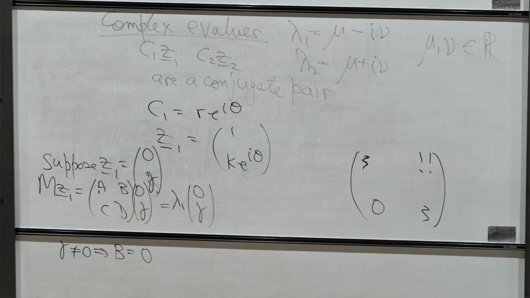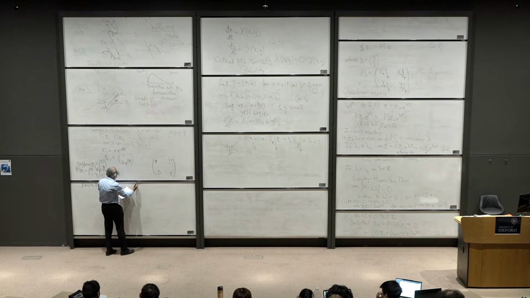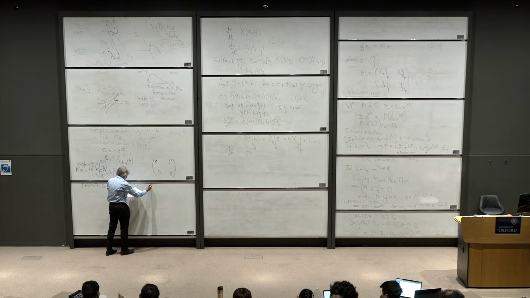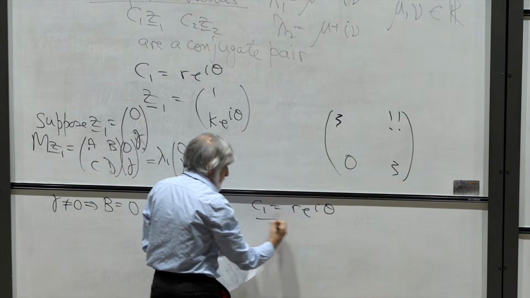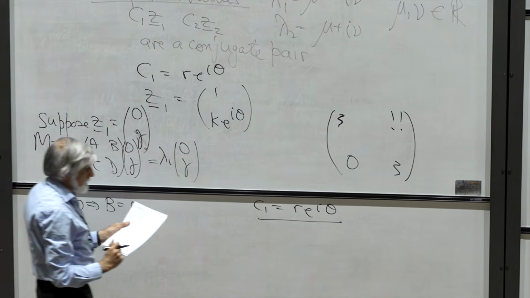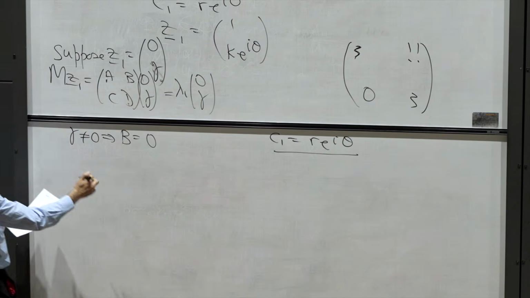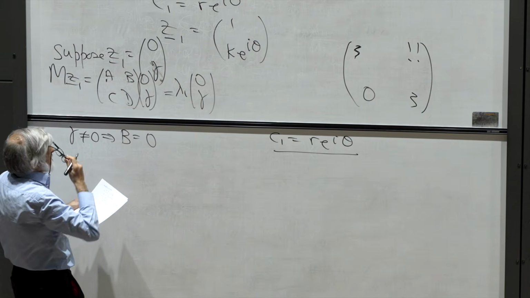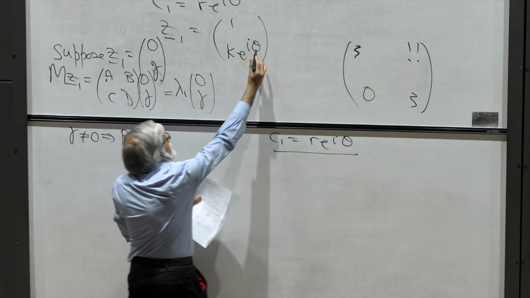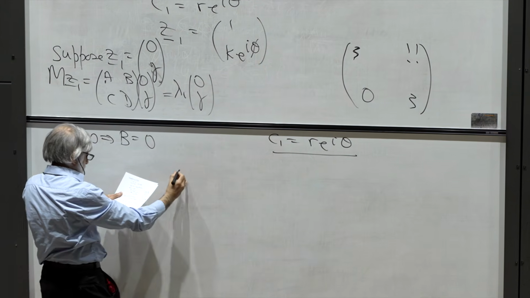So Z1 then has to look something like this. And that's assuming, sorry, that I missed out a bit, that C1 is R e to the i theta, and so this one here should be phi.